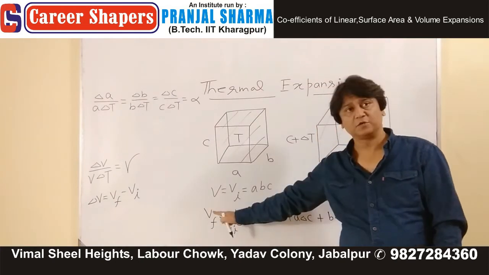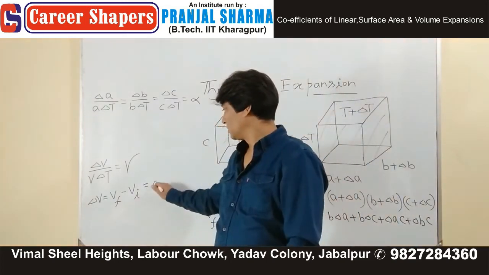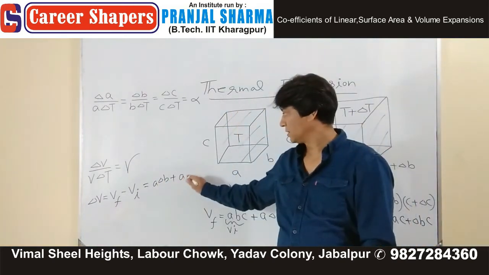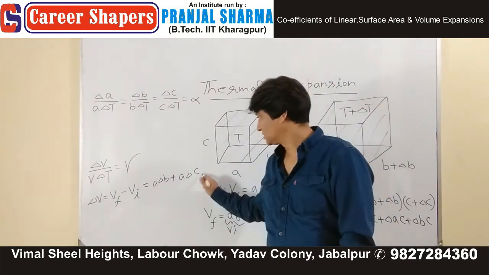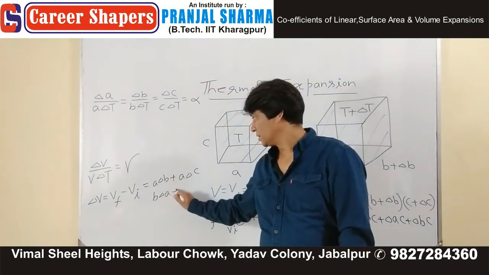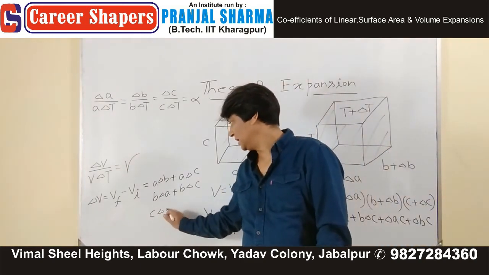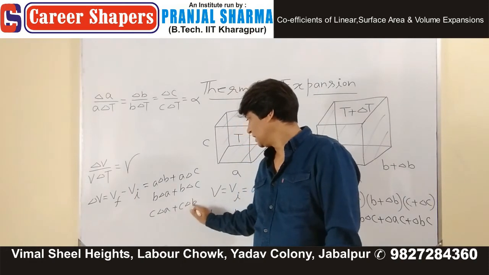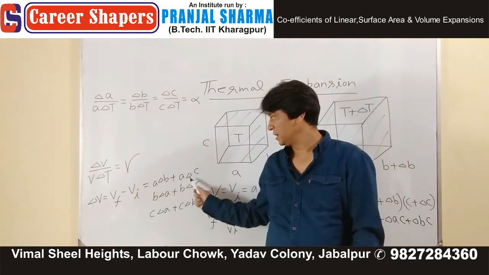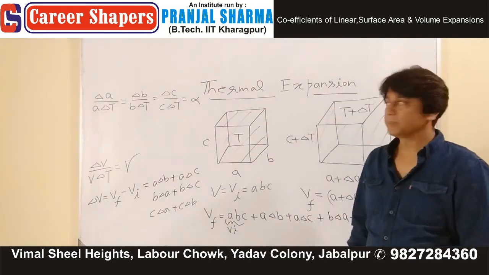So V final minus V initial is A delta B plus A delta C plus B delta A plus B delta C plus C delta A plus C delta B.